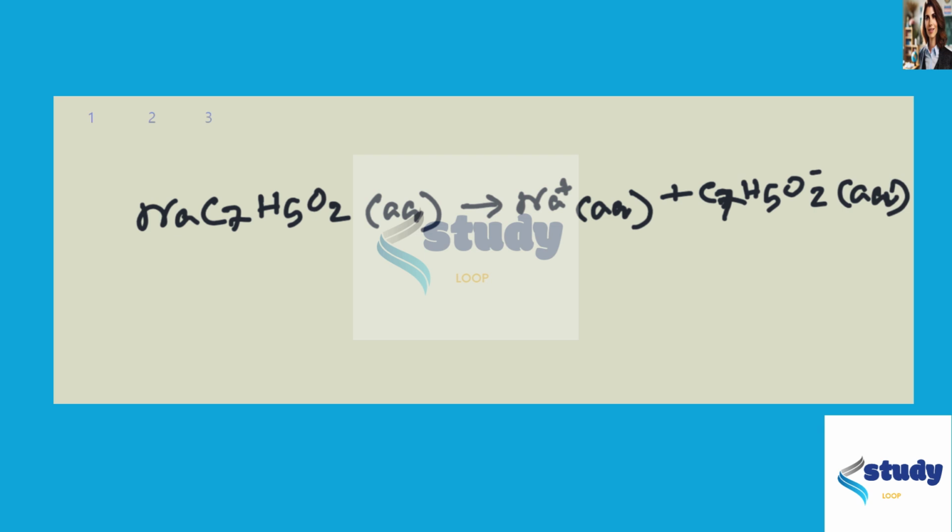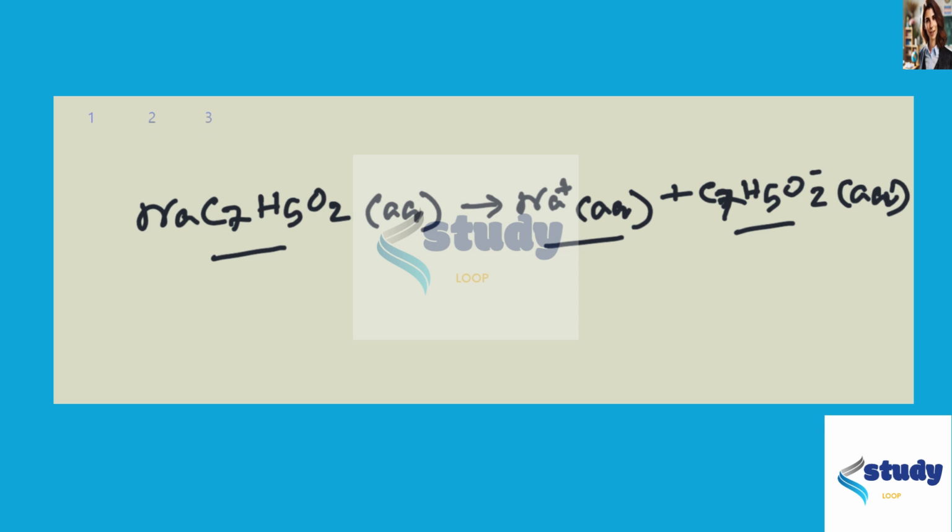So that means 1 mole of sodium benzoate gives in total 2 moles of solute, that is 1 mole sodium and 1 mole benzoate ion.